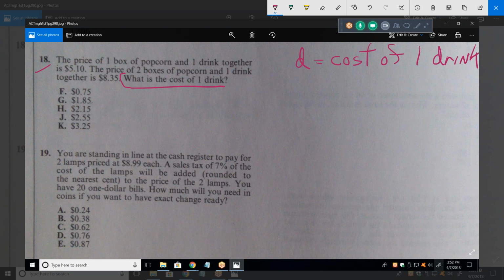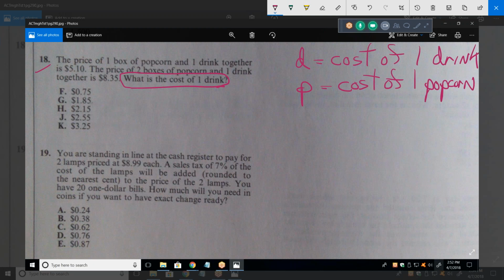That's what they're asking for, so that's what we're going to make our variable. Well, now, if we go back and reread the problem, we have one drink and one popcorn. So we need another variable. Cost of one popcorn.